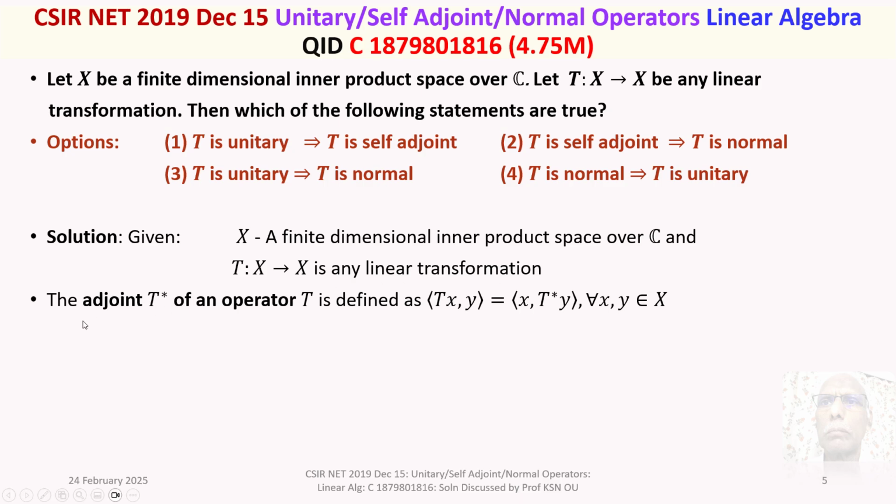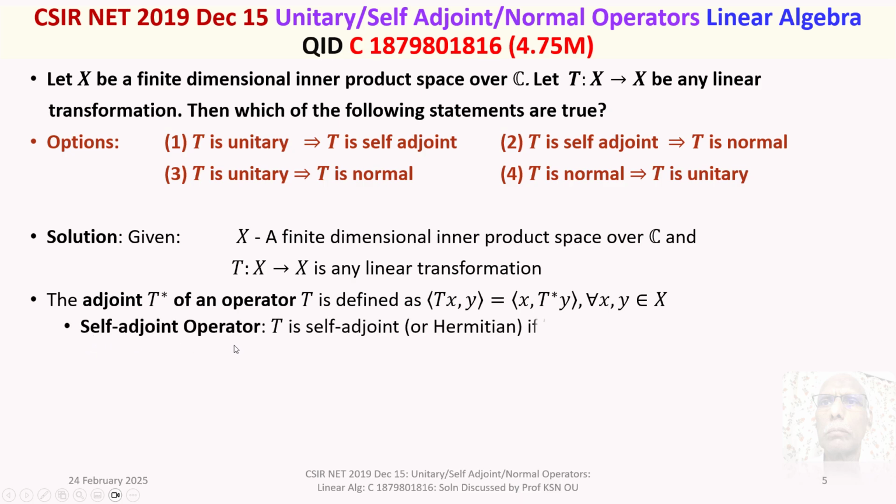The adjoint of an operator T is denoted by T star, and it is defined as the inner product of Tx, y is equal to the inner product of x, T star y for all x, y belonging to X. Such a T star is called the adjoint of T.